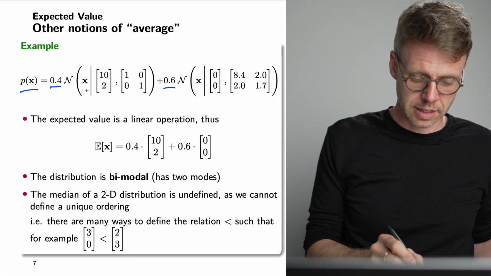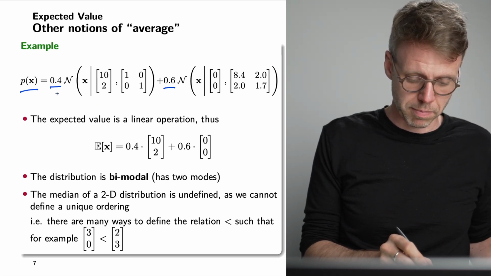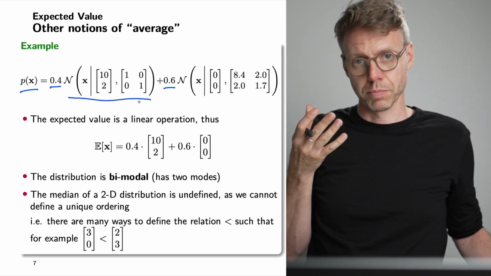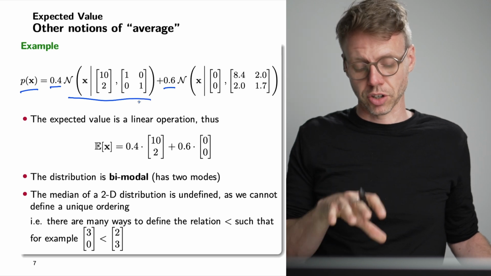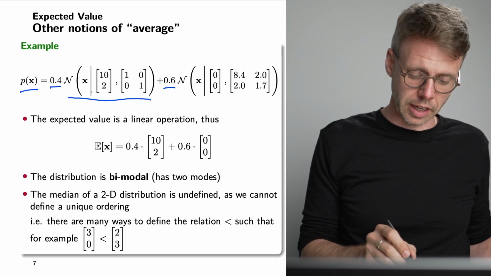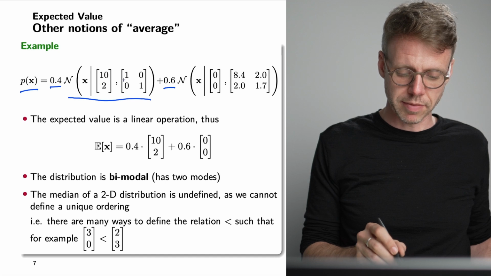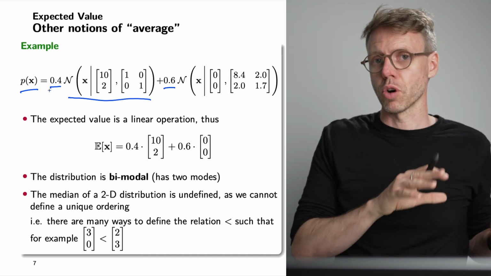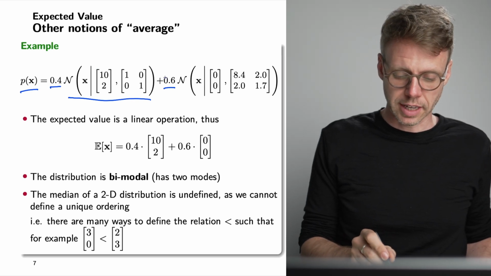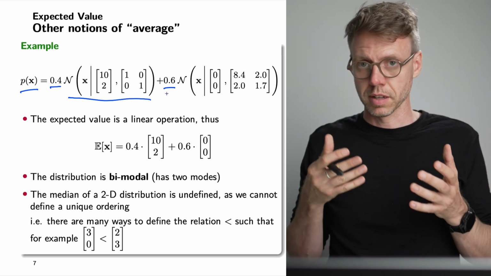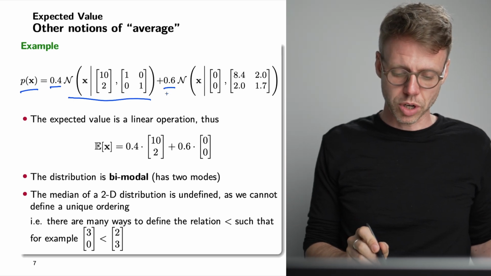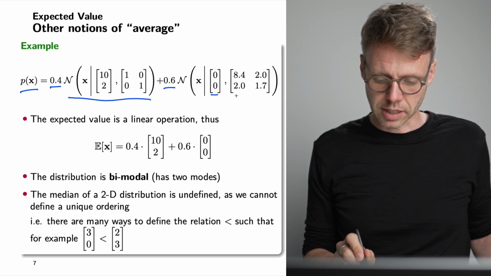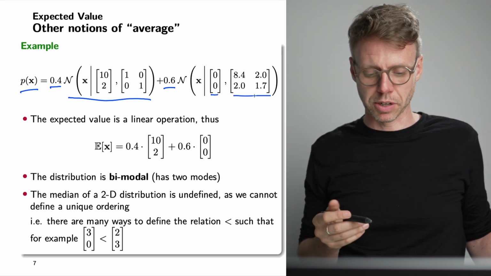That means we are multiplying the probability density function of a bivariate normal distribution with a mean vector and a covariance matrix with a weight 0.4 and adding another bivariate normal distribution weighted by 0.6 with a different mean and a different covariance matrix.